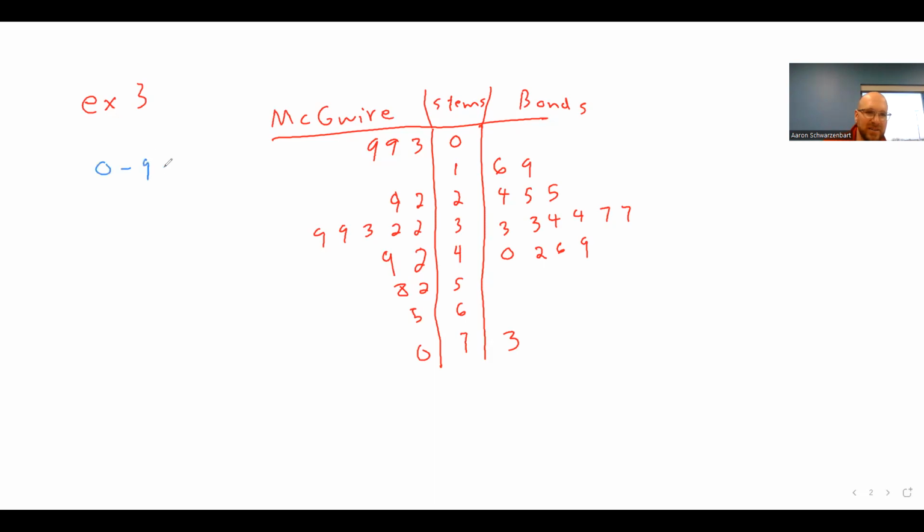0 to 9, he's got 3. 10 to 19 is 0. 20 to 29 is 2. 30 to 39 is 5. 40 to 49 is 2. 50 to 59 is 2. 60 to 69 is 1.